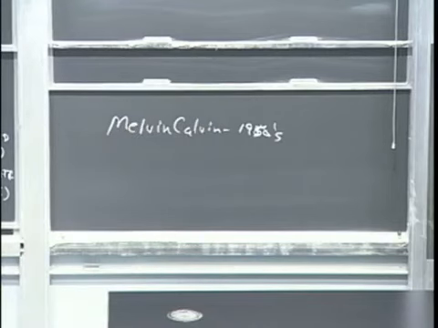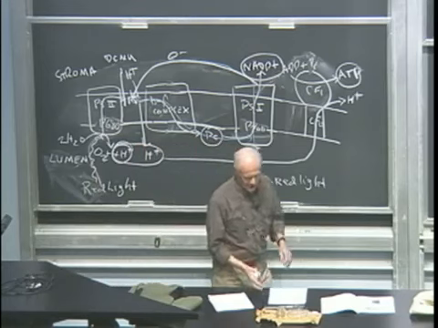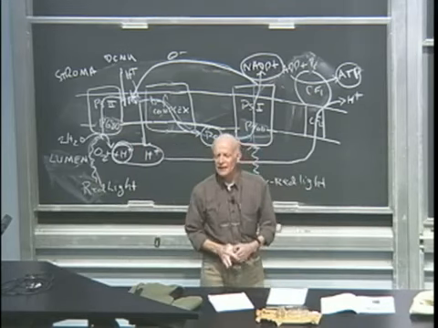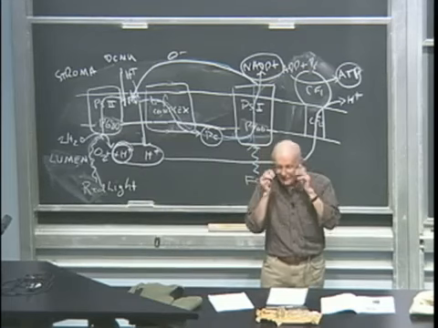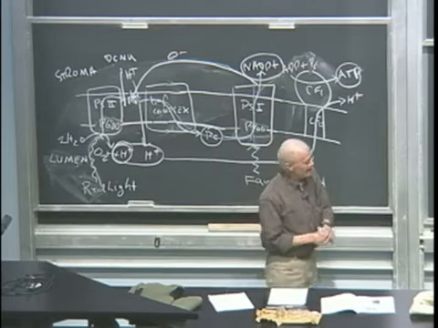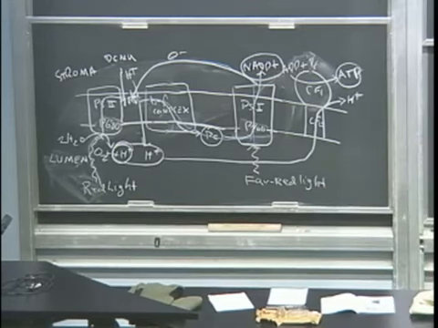He taught organic chemistry for a number of years. He was not a renowned instructor, I've been told. He was on my qualifying exam back when I was a graduate student, which I suppose was an honor. Didn't ask any questions. But he worked out this cycle, and he received the Nobel Prize in 1954 for this.